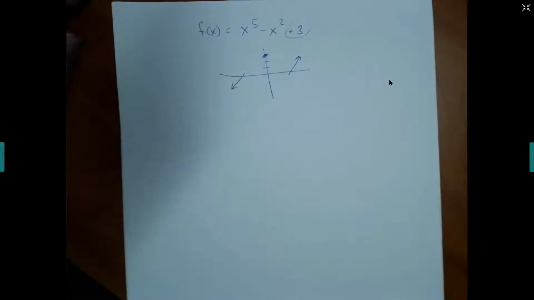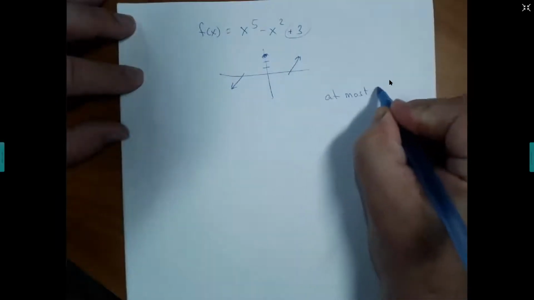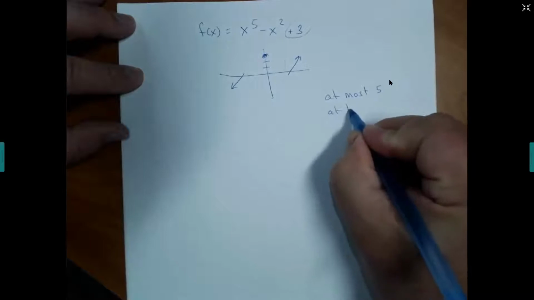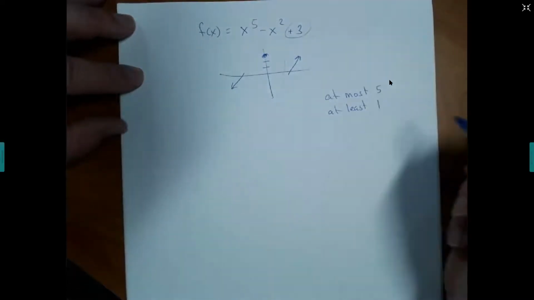How many x-intercepts is it going to have? At most 5. At least how many? 1.